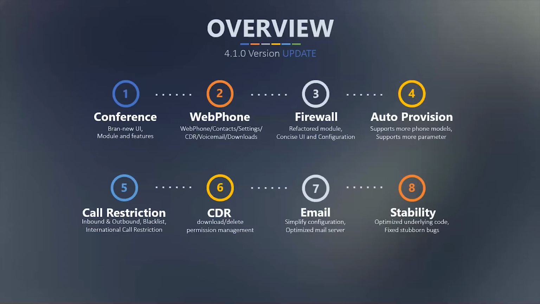What's more, version 4.1 optimizes many functions. It brings a new PBX monitoring panel function to users, as well as support for IMS, VoIP, and the much anticipated auto-provision function, with support for more phone models and parameter configurations. The new version adds international call restrictions, CDR permission management, network sessions, and support for VLANs.